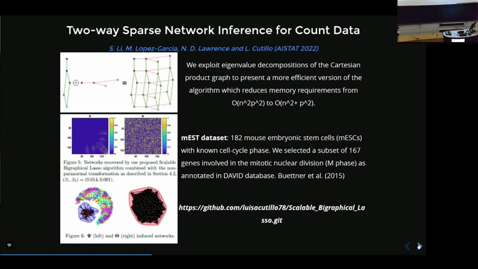It was a big step that implied we could actually work on an example of 182 cells and 167 genes, but again, this is still an iterative procedure because we're imposing the sparsity with the L1 penalty in both directions, both axes, and so that means that complexity, that matrix has to be estimated for every iteration.